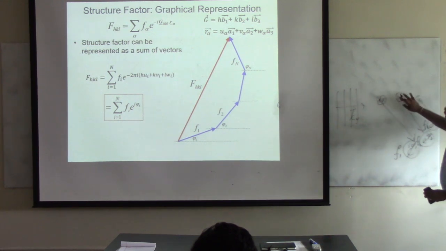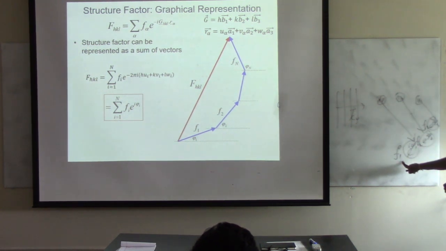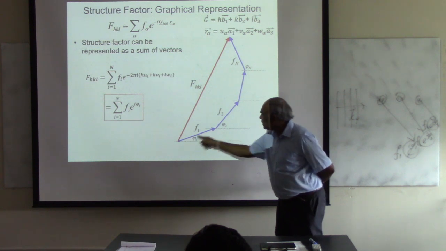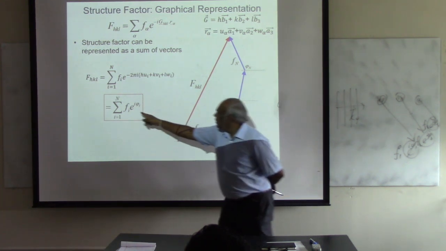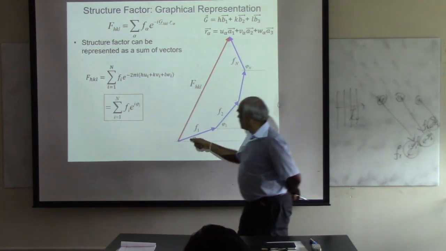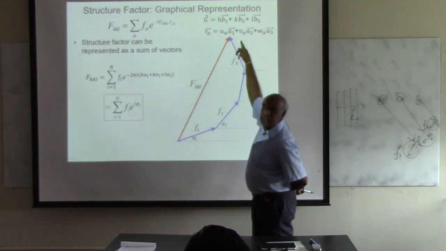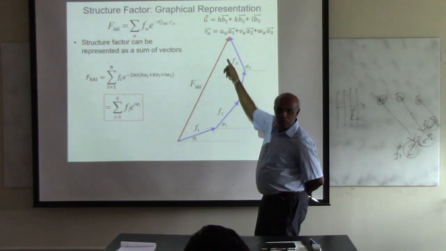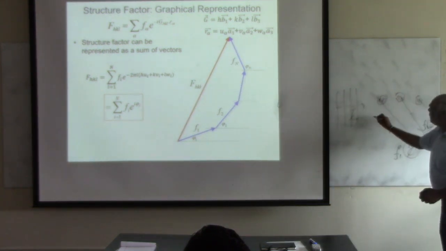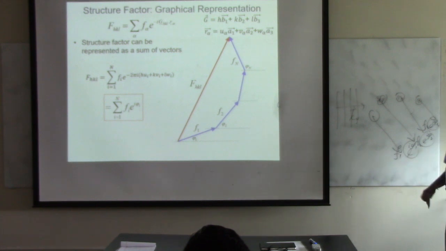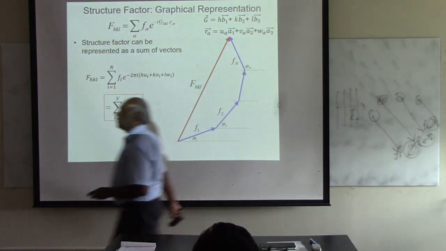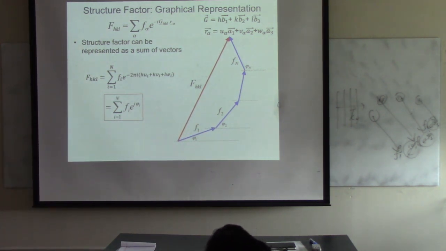If they were points, you don't have f's, right? If they are extended charge distributions, you have f1, f2, f3. That's basically the scattering coming from the first atom, right? Then the second atom. So if you want to get the total F, you have to sum over all of these scattered contributions, right? You understand what F means, right? Okay, so let's just remember this equation. That's all you need to understand from here.